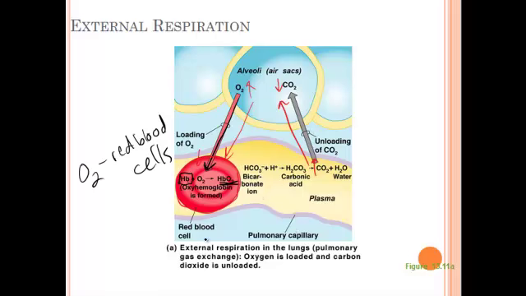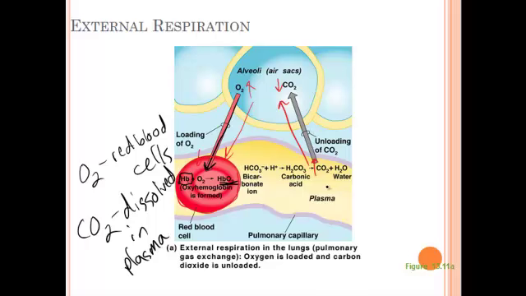CO2 is a little bit different. CO2 can bind to hemoglobin, but on a different part of the molecule. So as these red blood cells go to the body cells, as they dump off that oxygen and pick up CO2, some of that CO2 will bind with the hemoglobin. But the majority of CO2 becomes dissolved in the plasma, the fluid part of the blood.